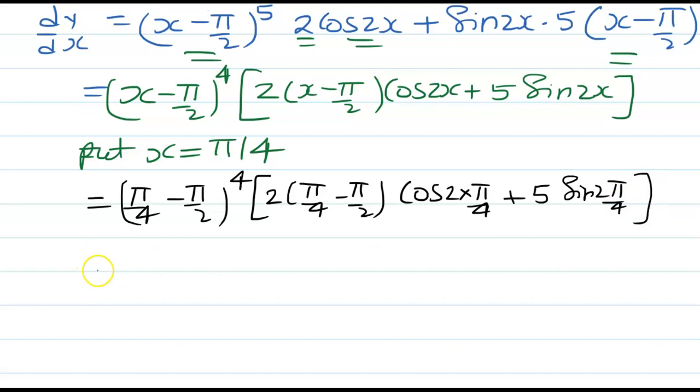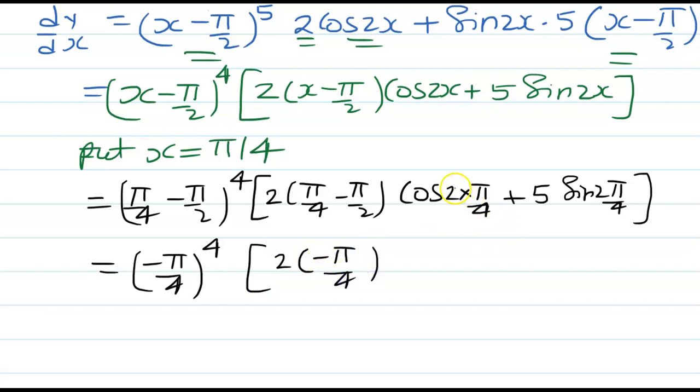Okay, so if we simplify it, here we get (minus pi over 4) to the power 4, and this will be 2 times (minus pi over 4). This 2 and 2 cancel, so if you want you can cancel it from here. So it will be cos pi over 2, cos pi over 2 is 0, and this will be 5 sine.